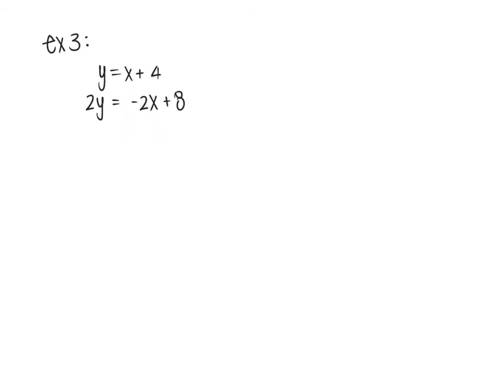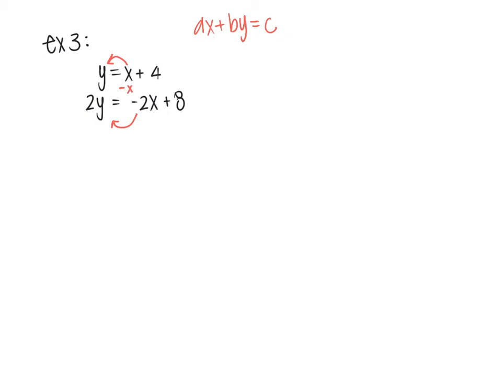So my final example looks a little different because it's not in standard form. And the reason I know it's not in standard form is because I have y equals and 2y equals. And standard form says that you want ax plus by equals c. So the first thing I have to do is move over this x and move over this negative 2x.